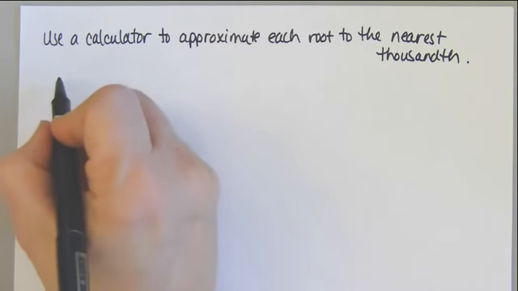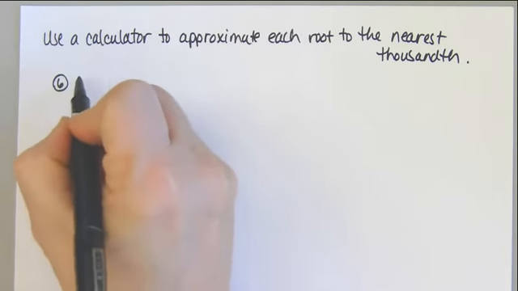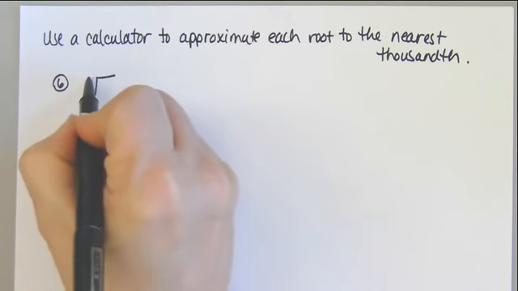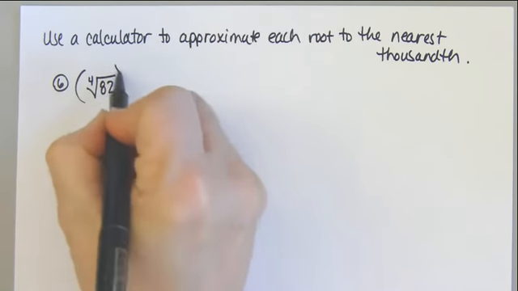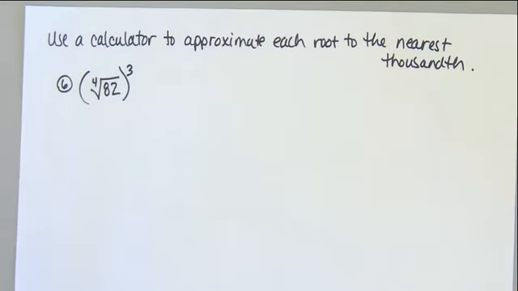All right, so I am going to start with, we're on number 6 here. I'm going to give you the 4th root of 82, which is obviously an ugly number, cubed.